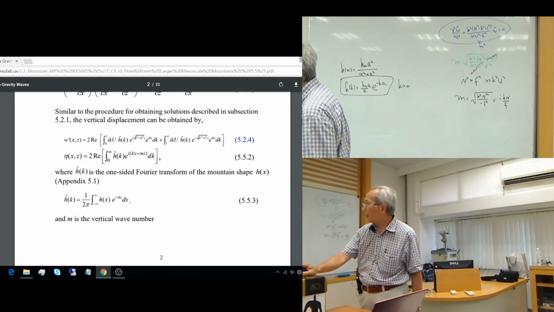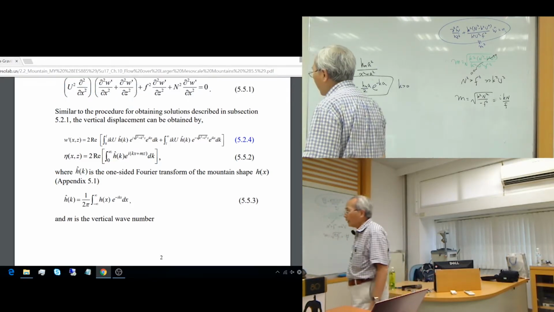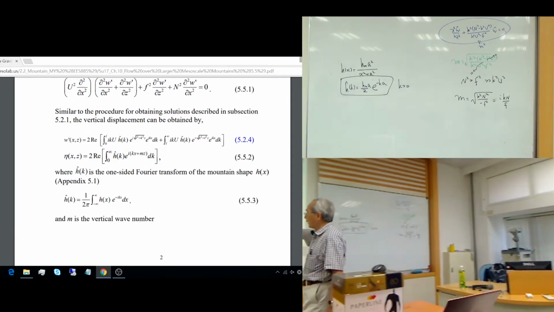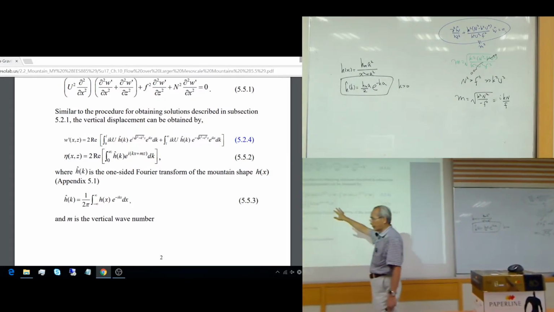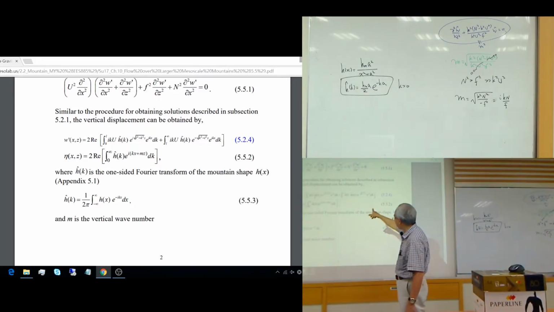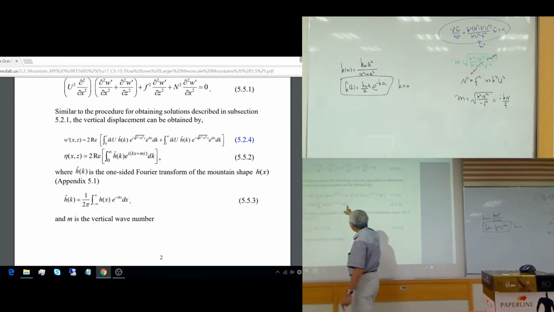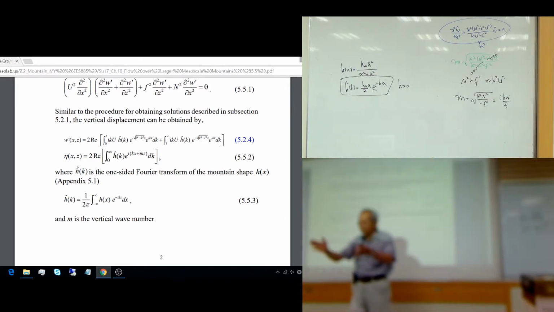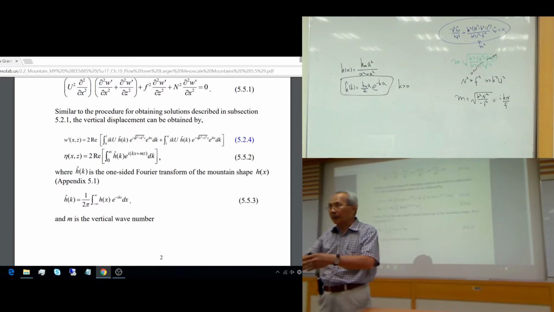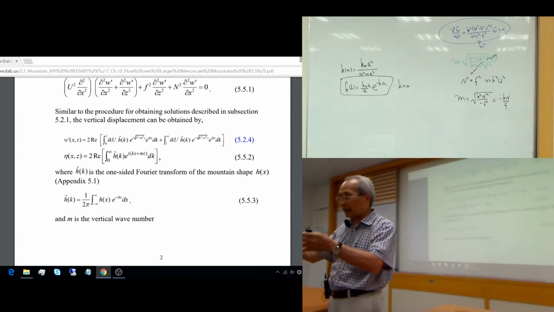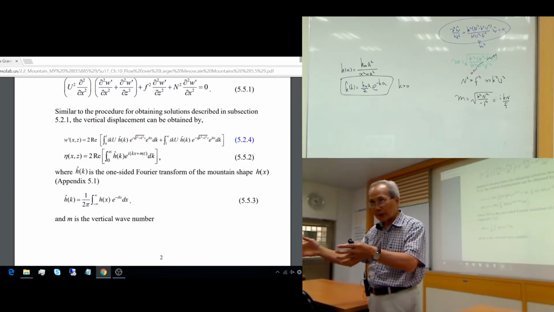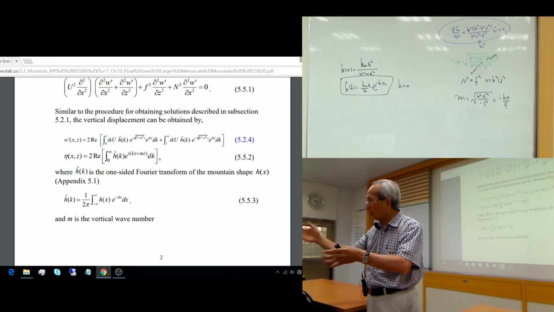Here we already put h hat k over there as the lower boundary condition. And because for this, unlike the normal mode approach, we are using the Fourier transform, that means k will be varying.